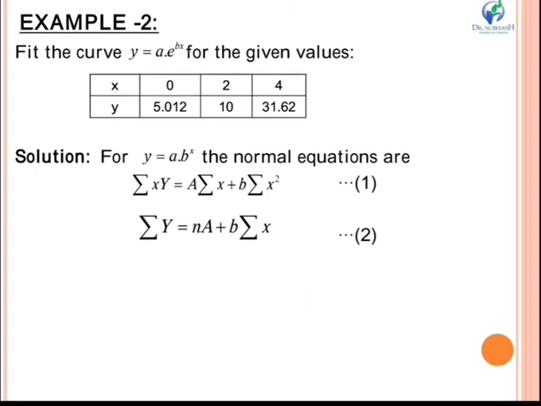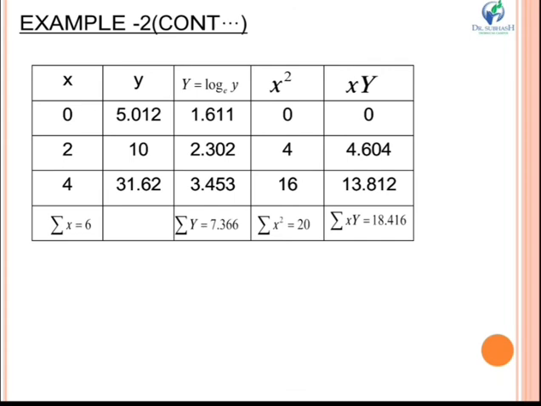So the curve is y equal to a e raised to bx. I will write two normal equations, that is equation 1 and equation 2. First I will construct a table, small x, small y. I will total all the values of x, that is 6. I will find the values of log y.